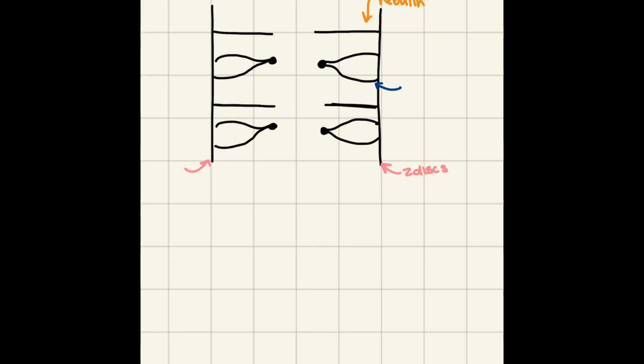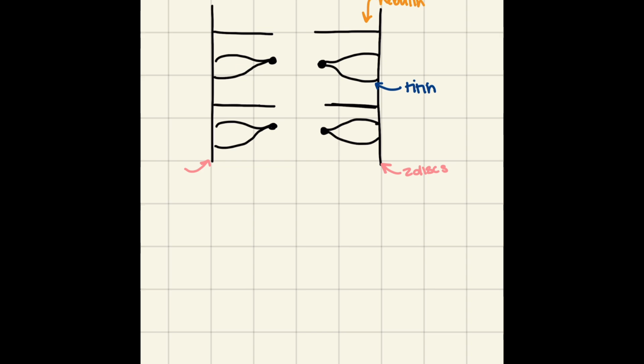And titin, which is this. And this protein scaffolding is kind of going to hold the contractile filaments. So we kind of have to know the anatomy of this to understand the contractile filaments.